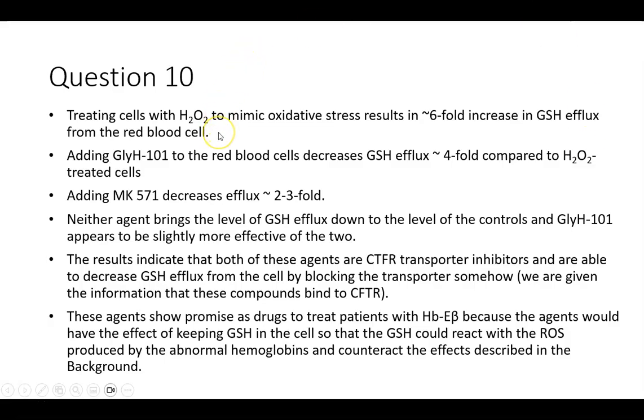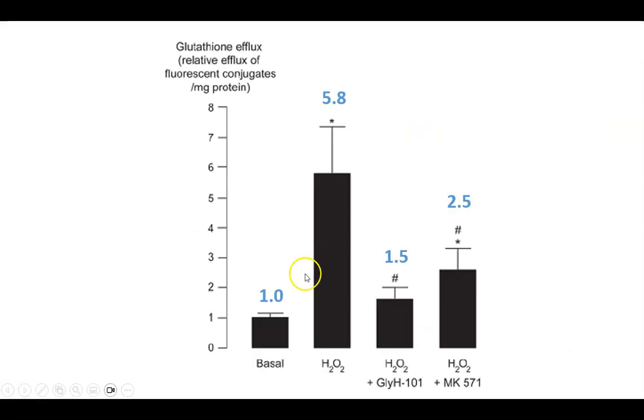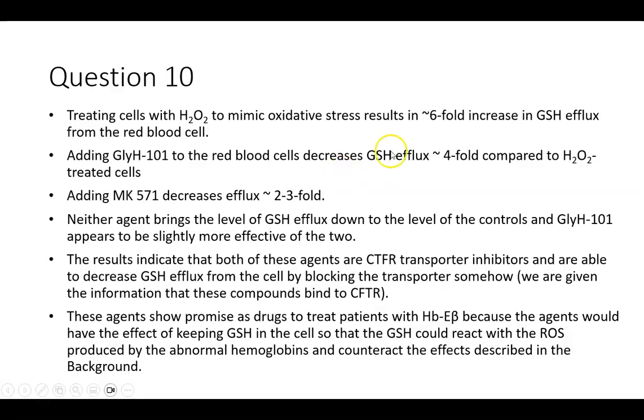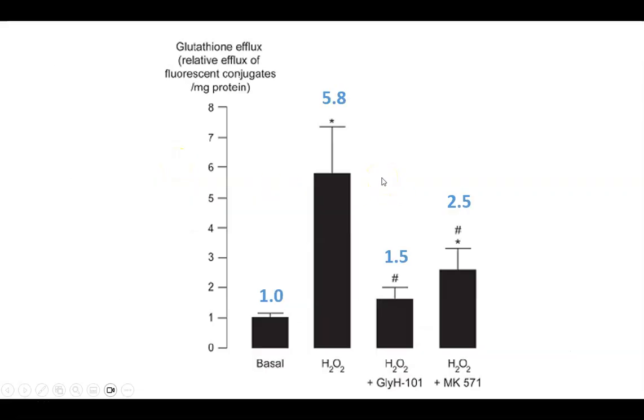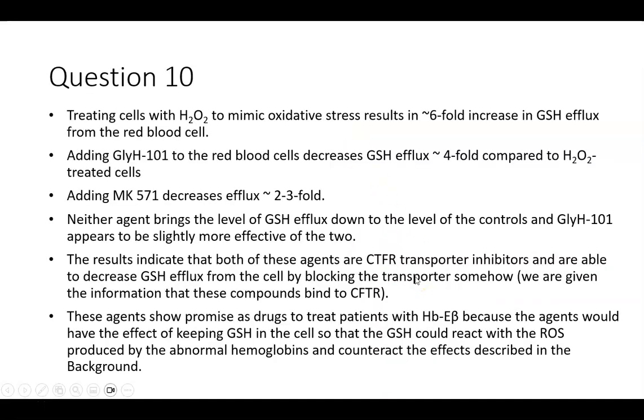What you have to do when you're analyzing the data is note that here's my control, and if I mimic the stress conditions, I get almost a 6-fold increase in efflux. If I add this compound, I can decrease that by 4-fold. If I go from here to here, that's about a 4-fold decrease.